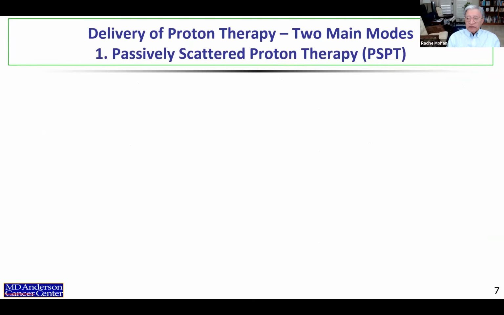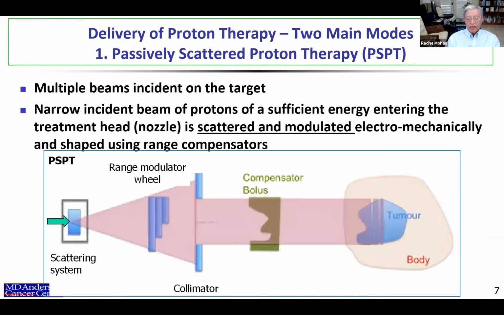One is passively scattered proton therapy, and that is rather rapidly giving way to intensity modulated proton therapy. But I'll describe it anyway, because up until now, and even now to some extent, passively scattered proton therapy is fairly commonly used. In both passively scattered proton therapy, PSPT, or IMPT, there are multiple beams that are incident on the target.